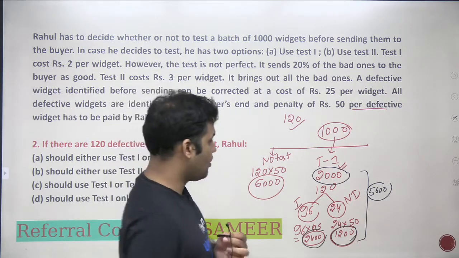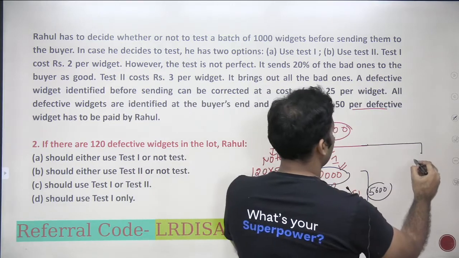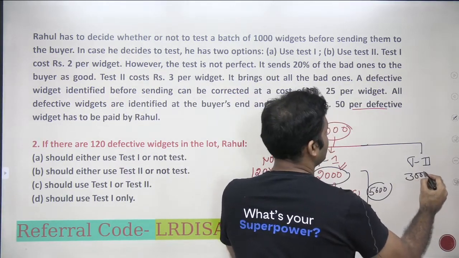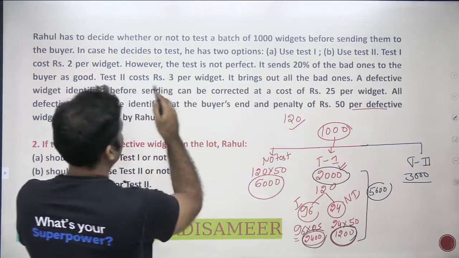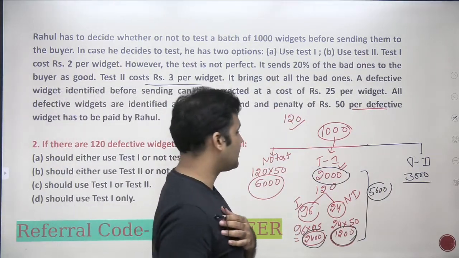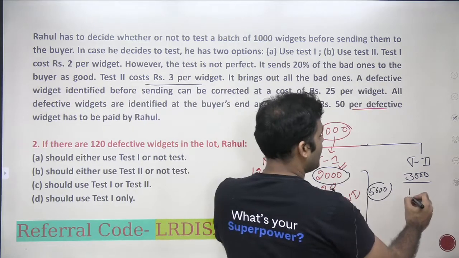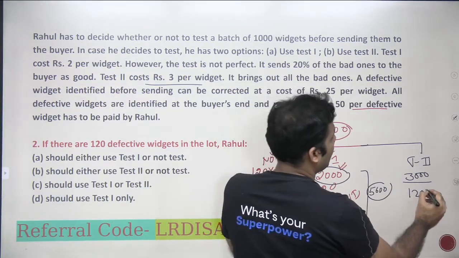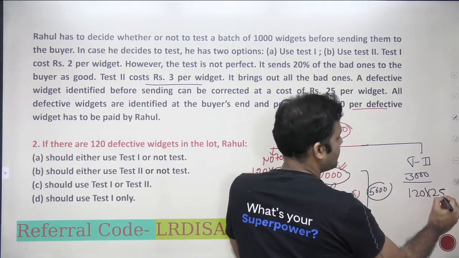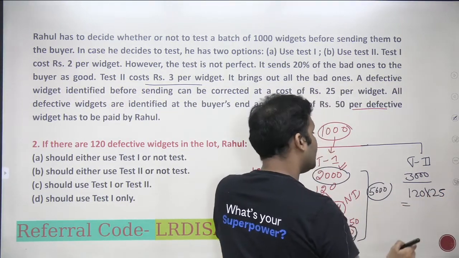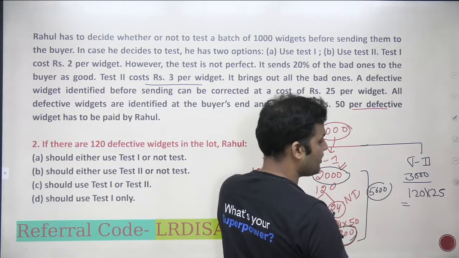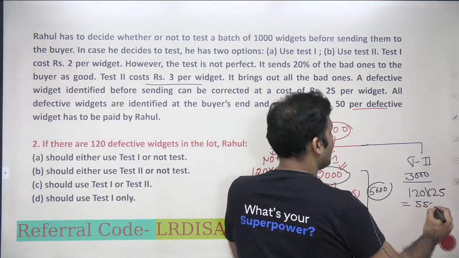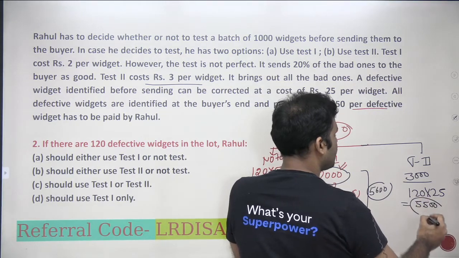Now let's go for the test 2 option also. If Rahul goes for test 2, he will be spending 3000 rupees on testing. Why 3000? 3 rupees per widget is the charge of testing, and all 120 defective items will be identified, and Rahul will be spending a correction cost of 25 rupees per widget.